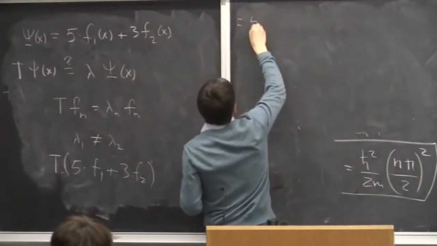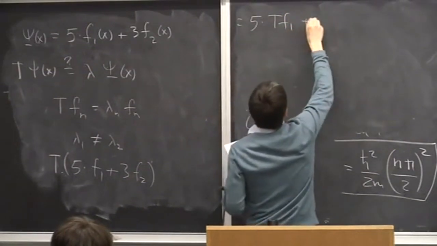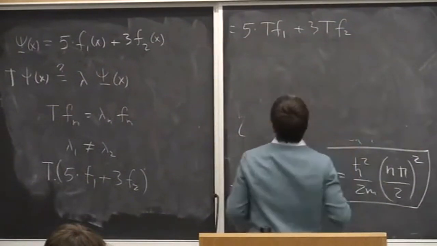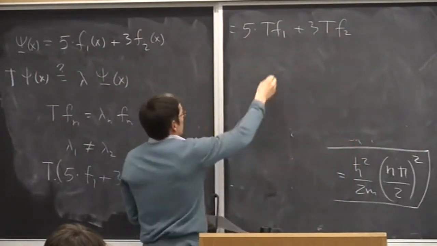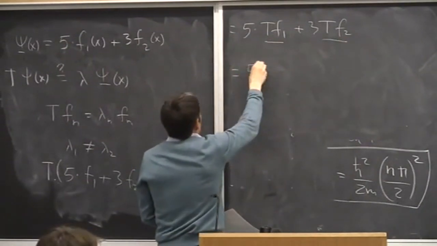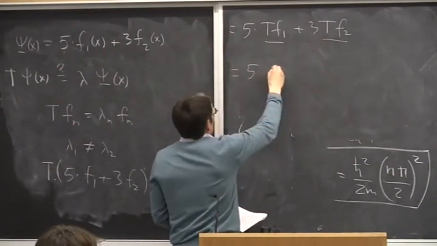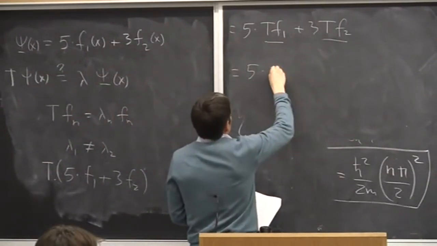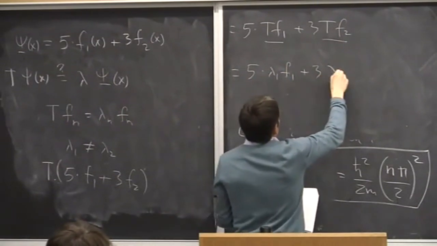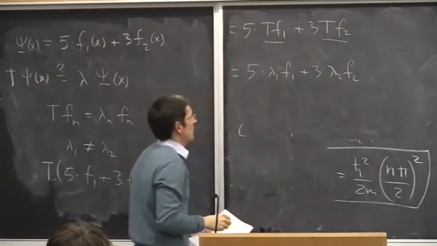So the result will be 5 times t acting on f1 plus 3 times t acting on f2. And we know what these are from the knowledge that the functions are eigenfunctions of t. So this is 5 lambda 1 f1 plus 3 lambda 2 f2.